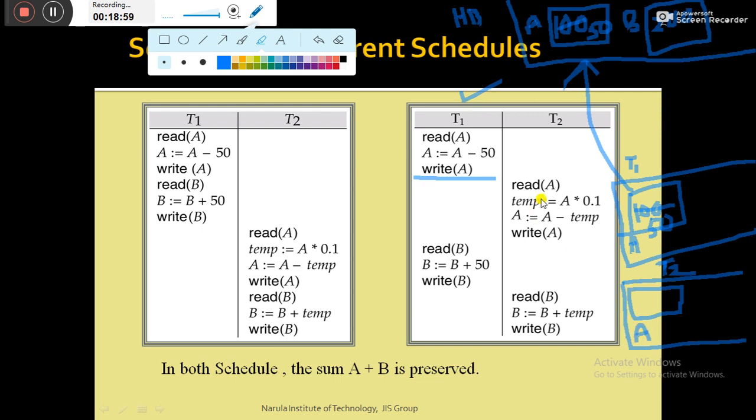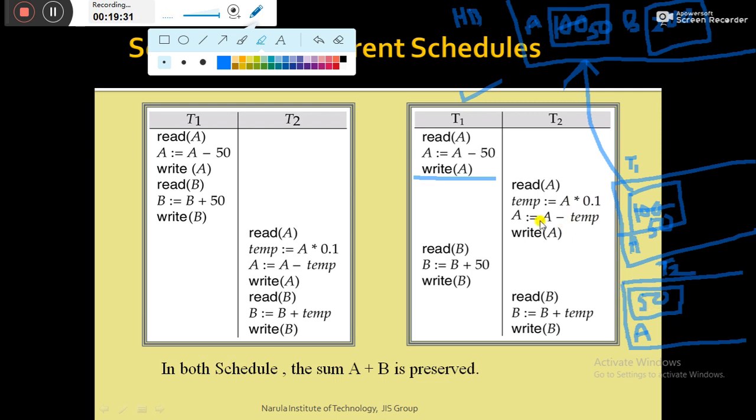Now read A means transaction T2 is concurrently executing by the CPU. T1 is half done. Now T2 starts executing and reads the value of A. The value of A is currently 50, so it becomes 50 over here. Read A means the content of A is copied from hard disk to RAM in the local buffer of T2. Temp is equal to A into 0.1, that means 10% of A is 5.